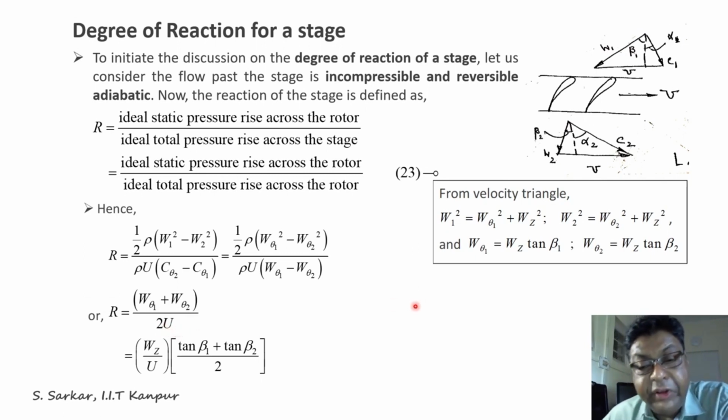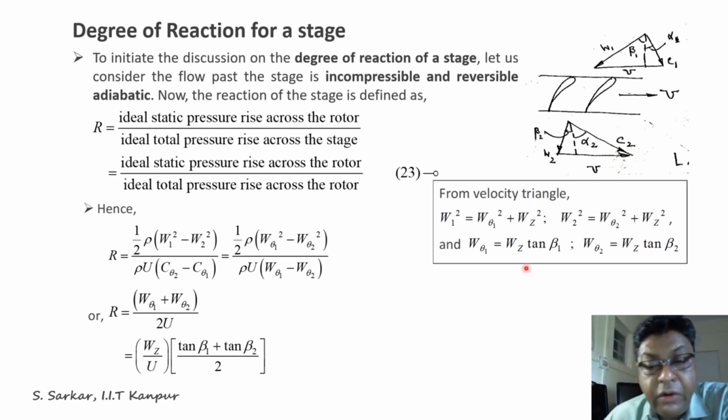Now again from the velocity triangle, W theta 1 is equal to Wz into tan beta 1 and W theta 2 is equal to Wz into tan beta 2, where Wz is the axial component of relative velocity, so Wz must be equal to Cz.